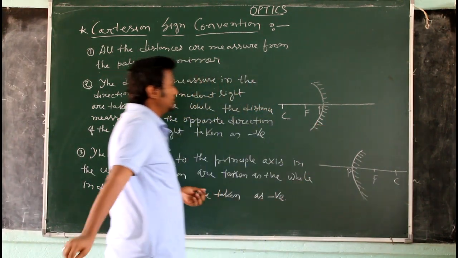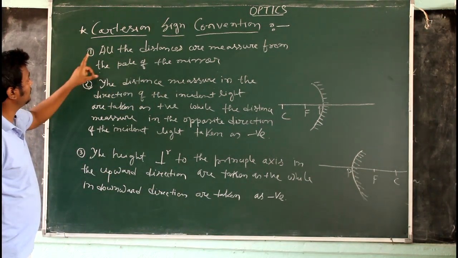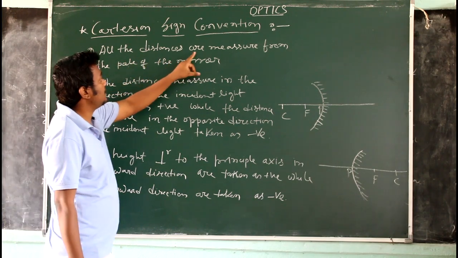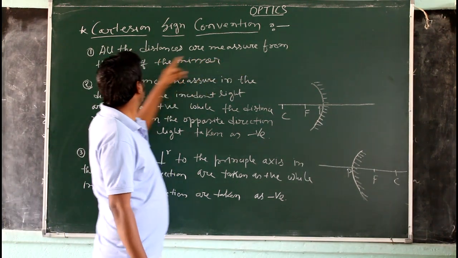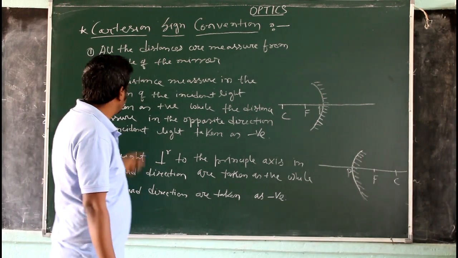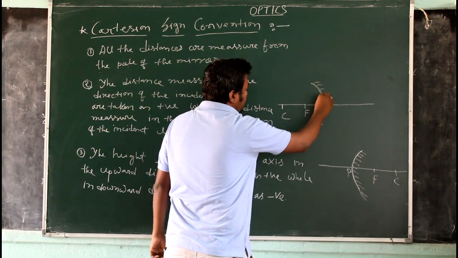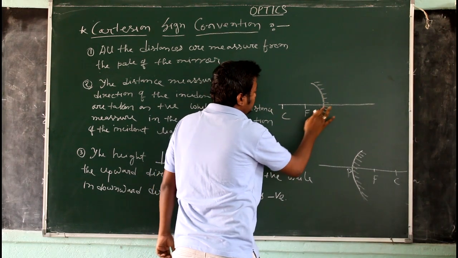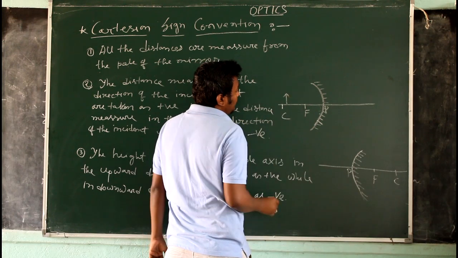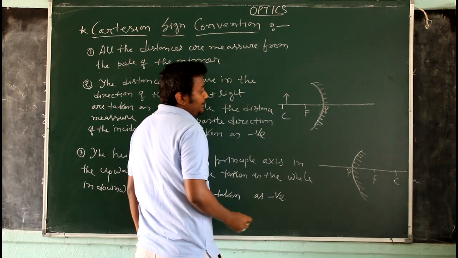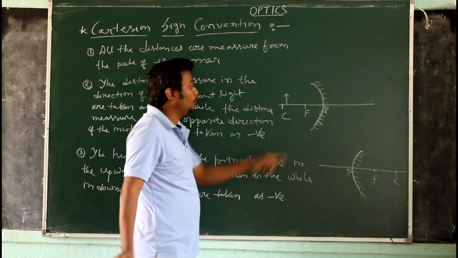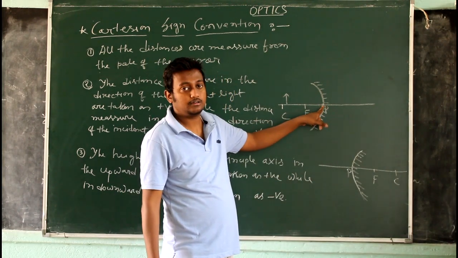Now the first sign convention is that all the distances are measured from the pole of the mirror. If this is the pole and we place an object here, we have to measure the object or image distance from this pole. The pole is the reference point.